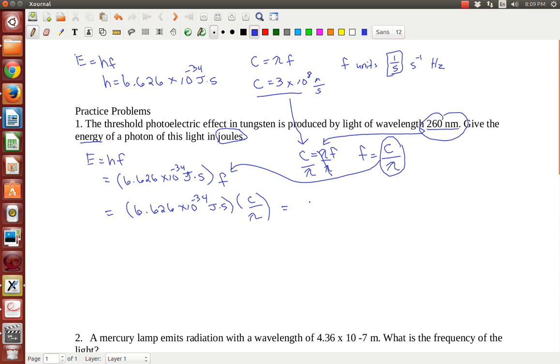Okay, so let's fill in every one of our numbers and finish our calculation. 6.626 times 10 to the negative 34 joules seconds times 3 times 10 to the 8th meters per second divided by, the wavelength is 260 nanometers.